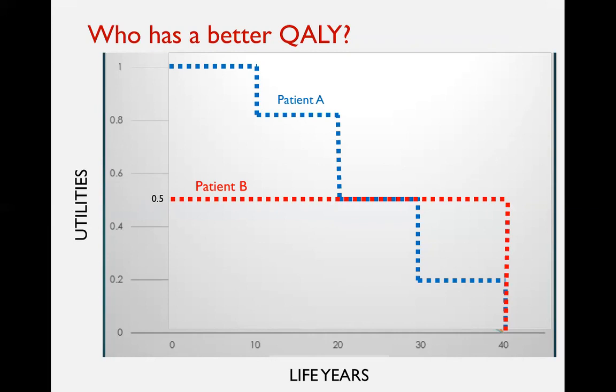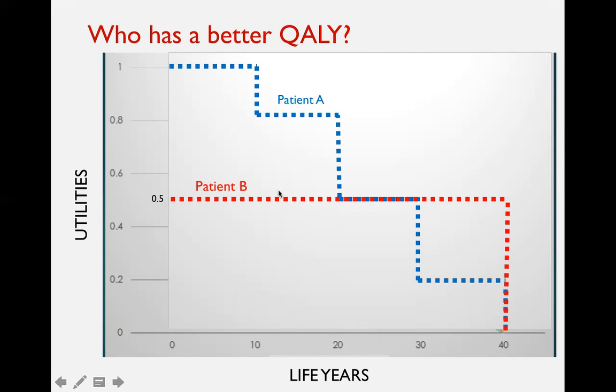But this patient A began to have a deteriorating quality of life over the next 3 decades. In comparison, patient B was born with a 0.5 utility, but patient B was stable all throughout the 4 decades of life. So the question now is, who has a better quality of life, patient A or patient B?